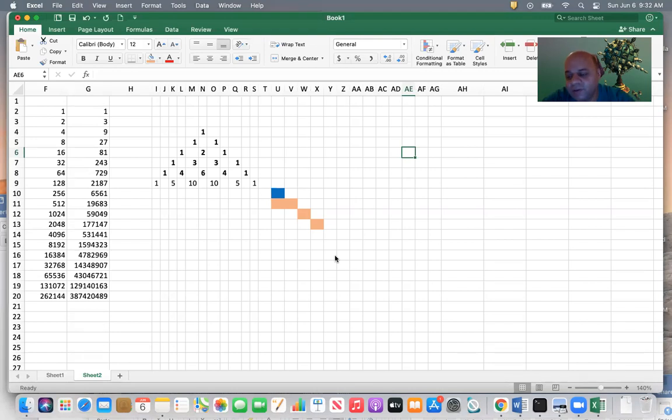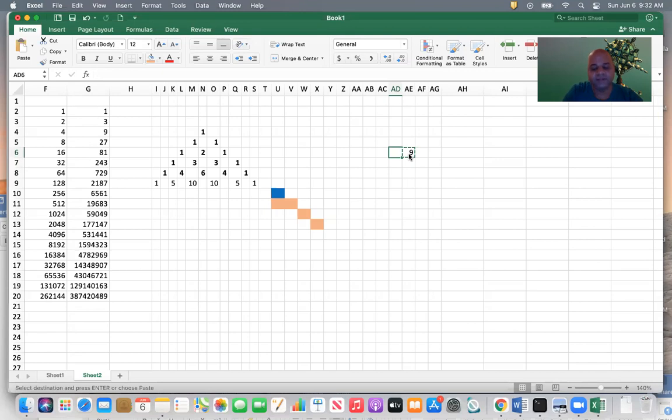So what will happen? Some number of coins will be having heads. Some number of coins will be having tails on the table. Is that correct? Yes, sir. Right, so let us assume that there are 9 coins.